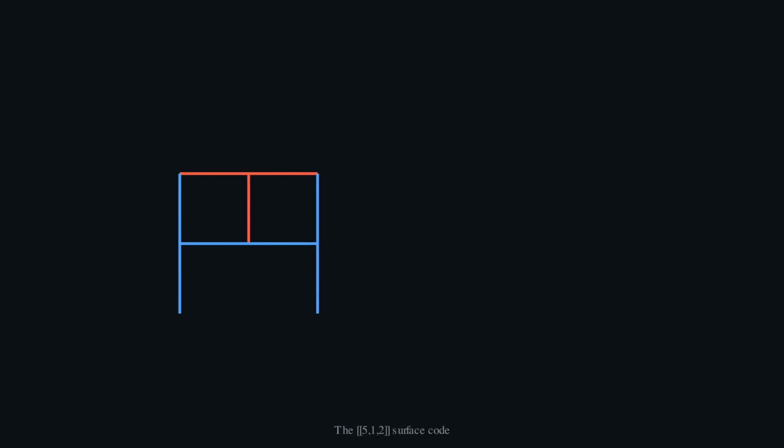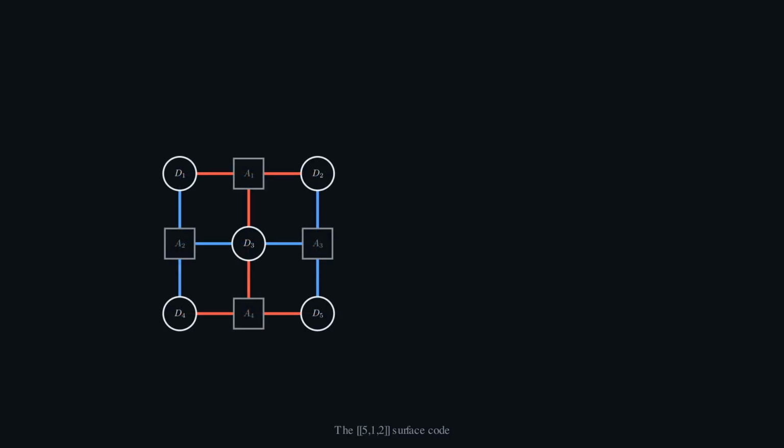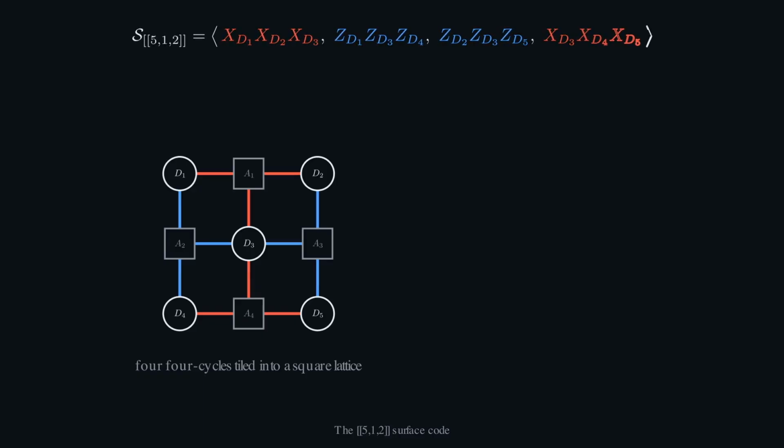Now we will get into the 512 surface code, which is basically section 5.2 of the paper. So this is a tiling of the 4 cycles into a square lattice. So looking at that figure, by inspection, essentially by reading off the controlled gates that are connecting the data qubits and the ancilla qubits, you can build the stabilizer set that characterizes this code.